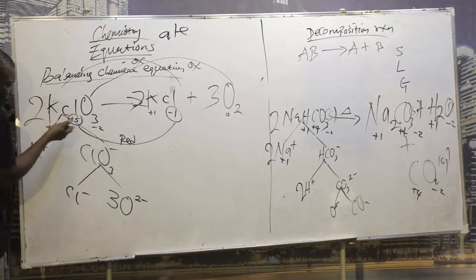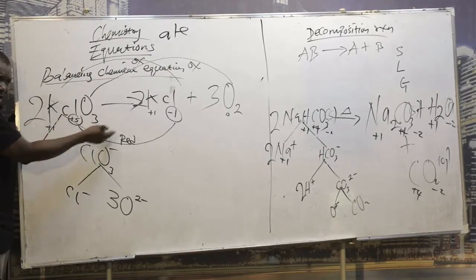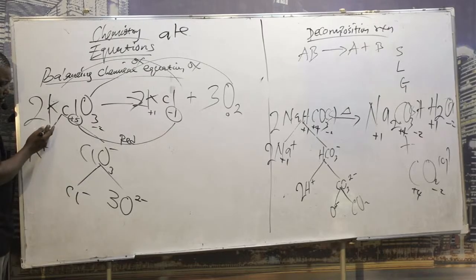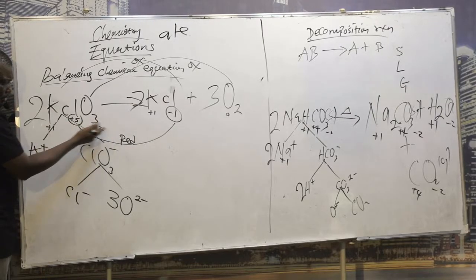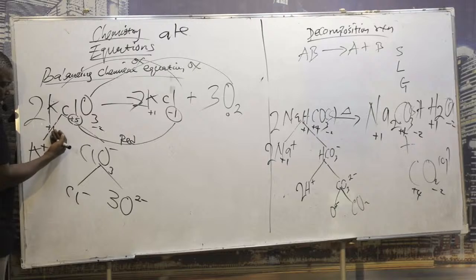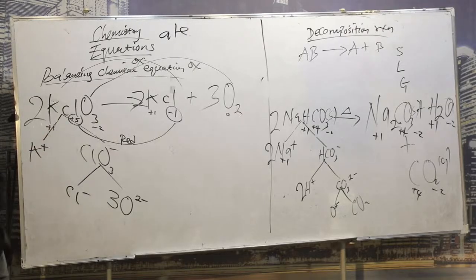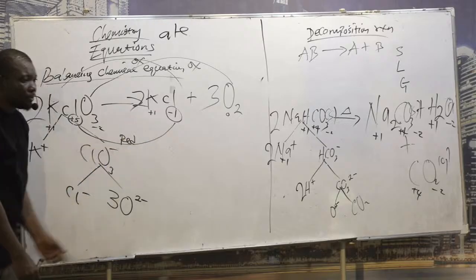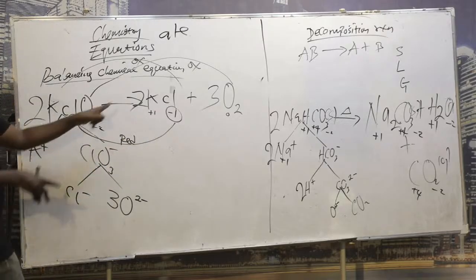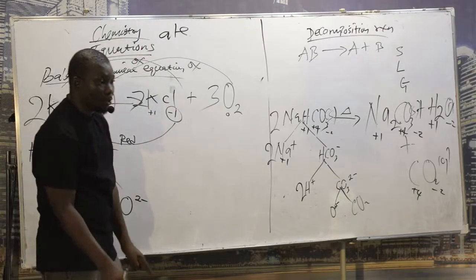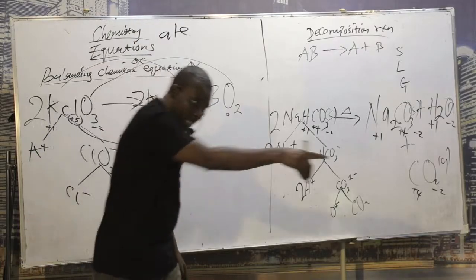Find the number that will make sure all the numbers add up to 0. Because K is in group 1, and the sum of the oxidation numbers of the elements in the compound is 0. So if K is plus 1, then Cl is going to be what?